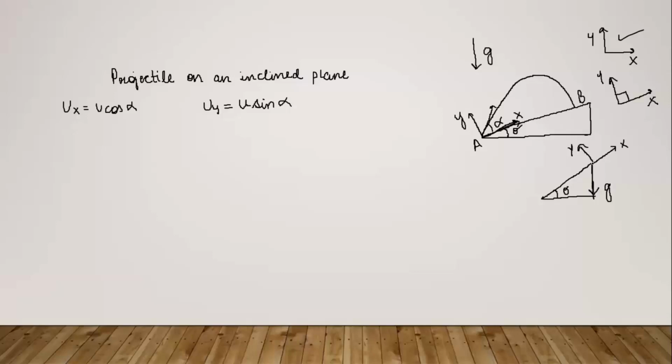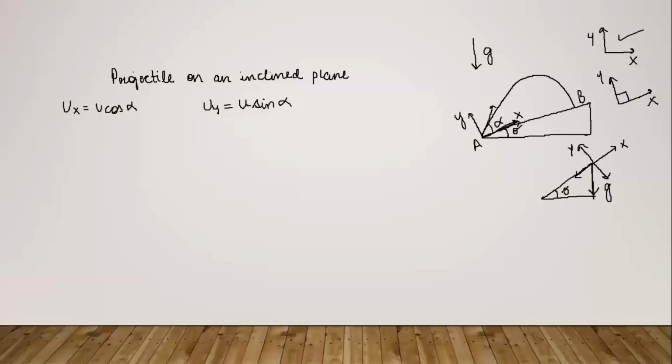So if we want to resolve this G vector into the x and the y axis, then we will draw one component here and another component here.